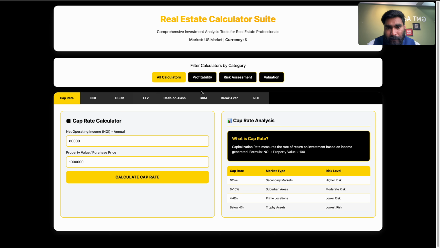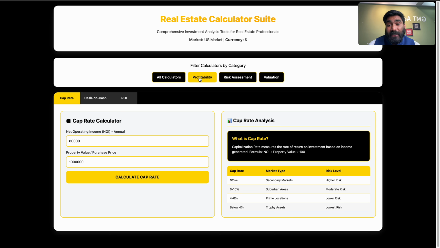If I talk about profitability ratios, like what are the profitability ratios, or how do we calculate profitability of real estate private equity funds or investments? The first ratio is cap rate. So what is cap rate?